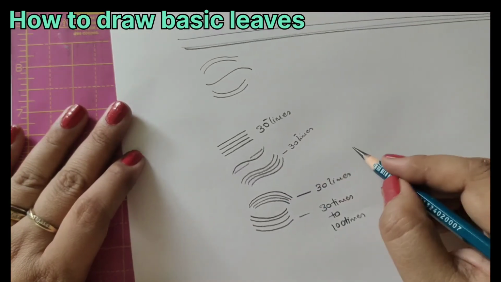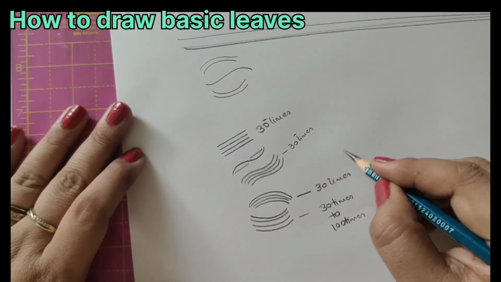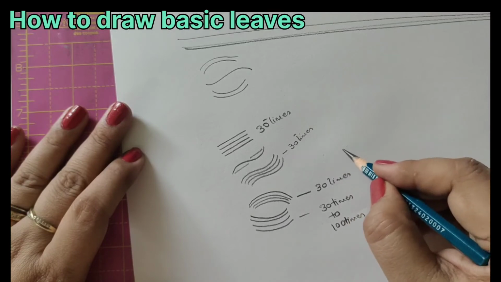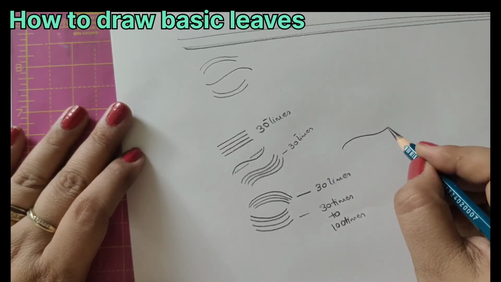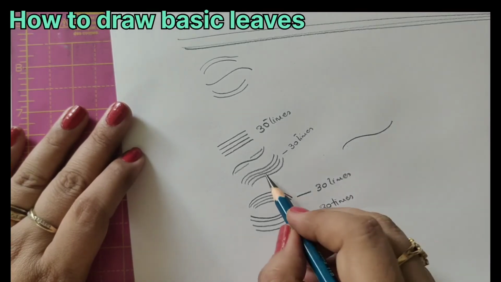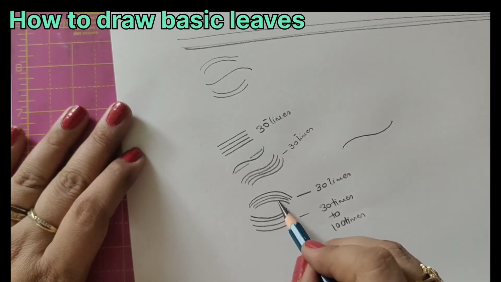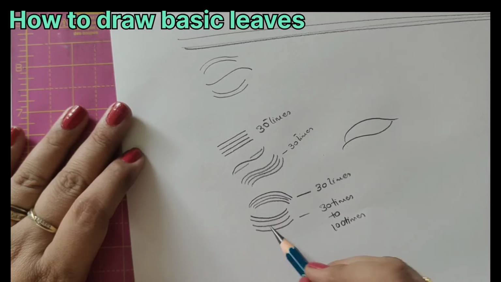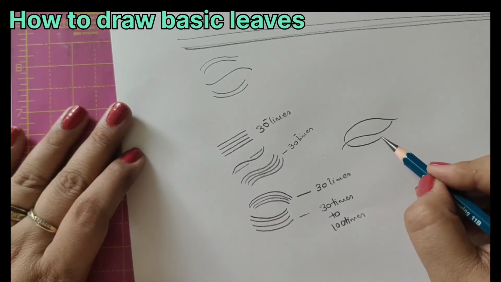Okay, this curve. See, we have drawn even this, and now, using this, we'll try to draw a leaf. We have used this over here, and this we'll be drawing here, and this we'll be drawing here.